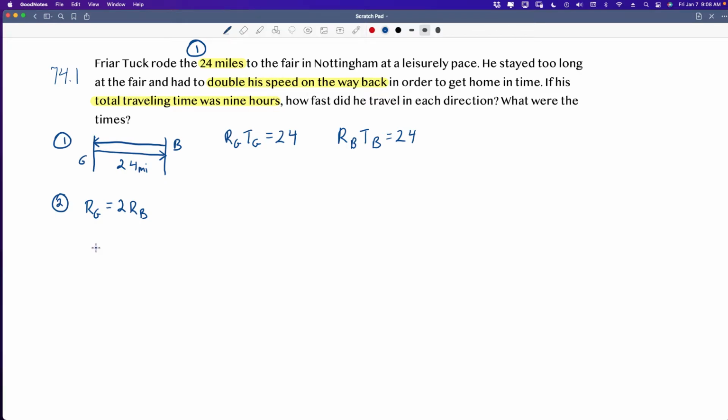No, I'm sorry, I got that backwards. His rate back, he doubled his rate back. So that means that was 2 times the rate going.